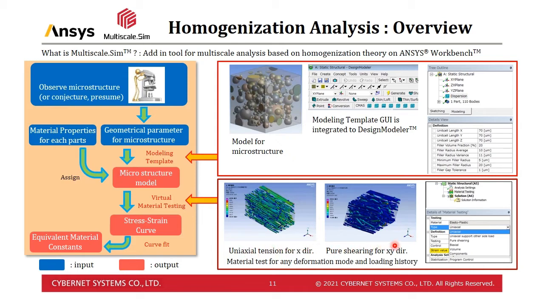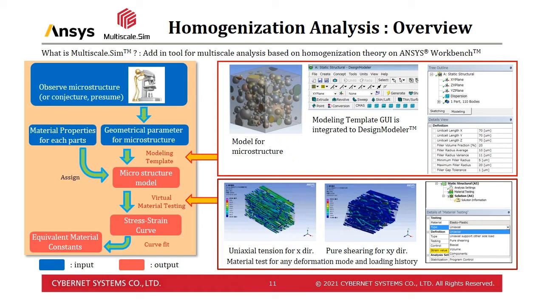For example, if you want to know anisotropic elastic constants, our tool performs the test for 6 deformation modes, which are the uniaxial tension test and the pure shearing test for 3 deformation modes respectively.